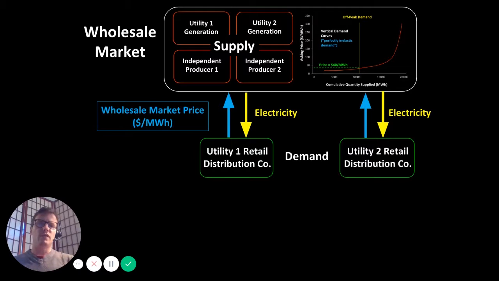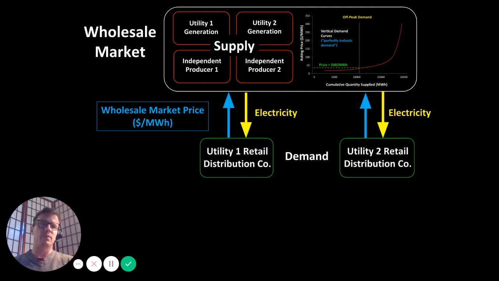So to give you a visualization of what that might look like, we have in the top bubble the wholesale electricity market, which is made up of the system suppliers. So that could be generation companies that are owned by utilities as well as independent power producers. Collectively, they all make up the system supply curve. That's who's producing the electricity in the wholesale market and who's buying the electricity from the wholesale market.